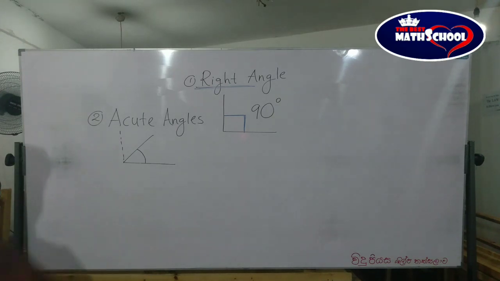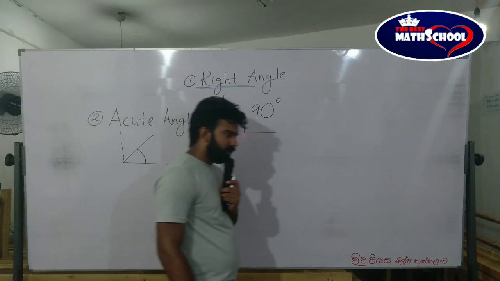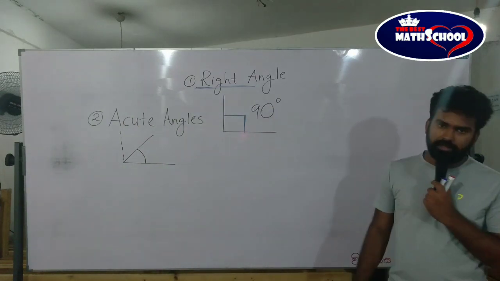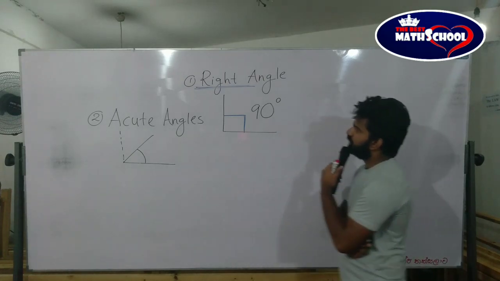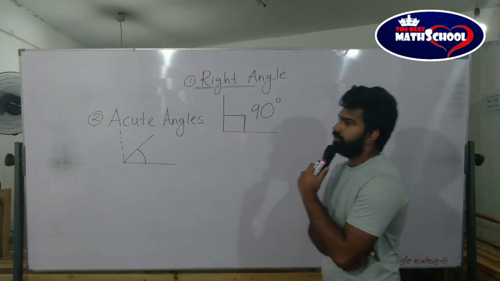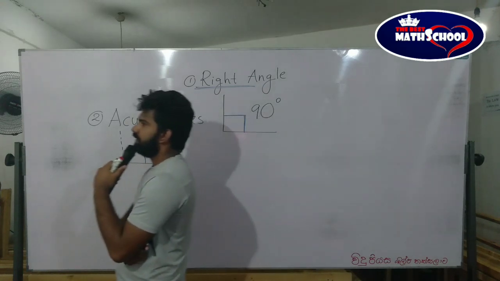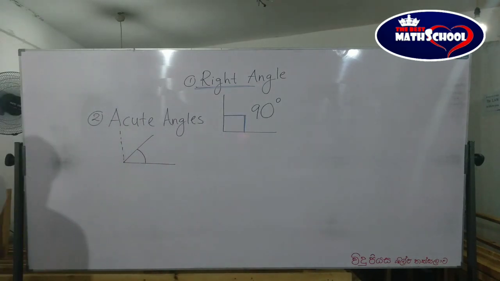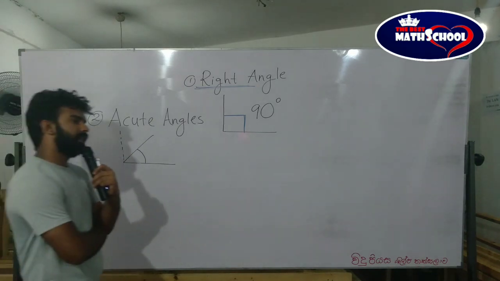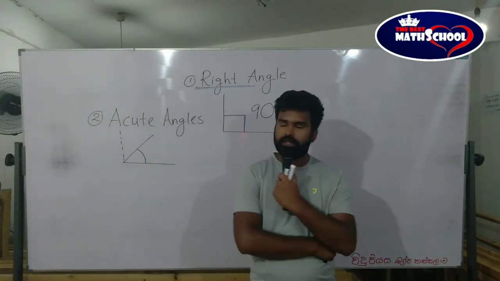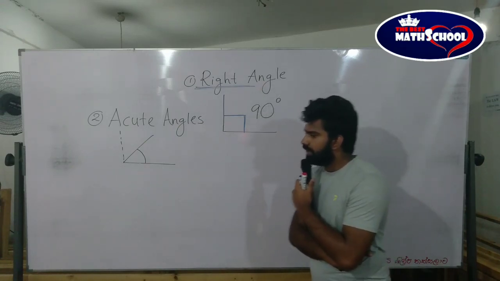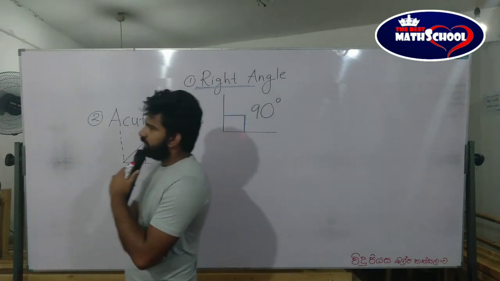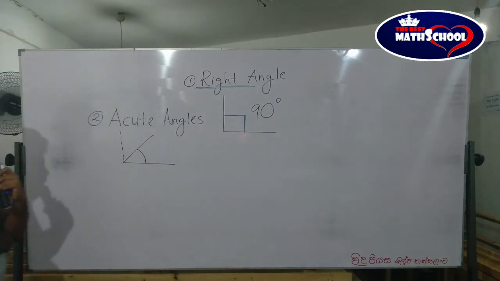Under the diagram, write: the angles which are smaller than a right angle are known as acute angles, right?